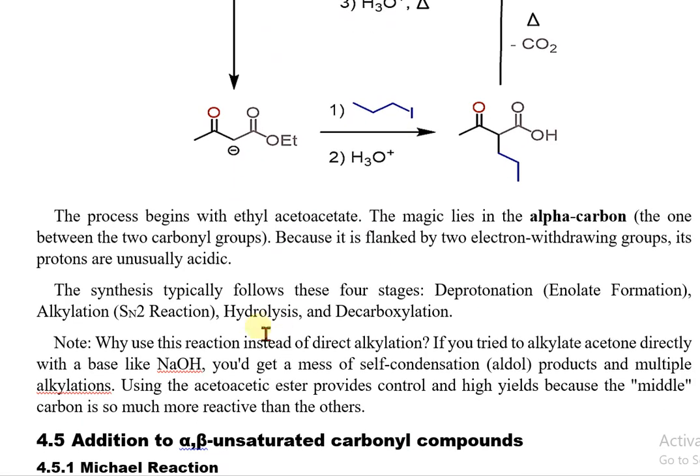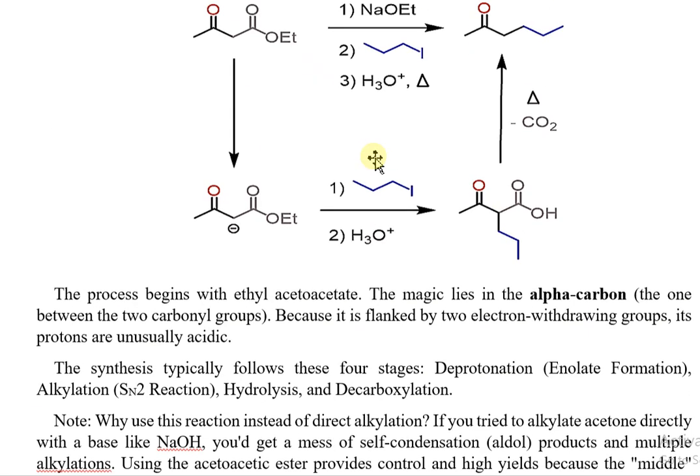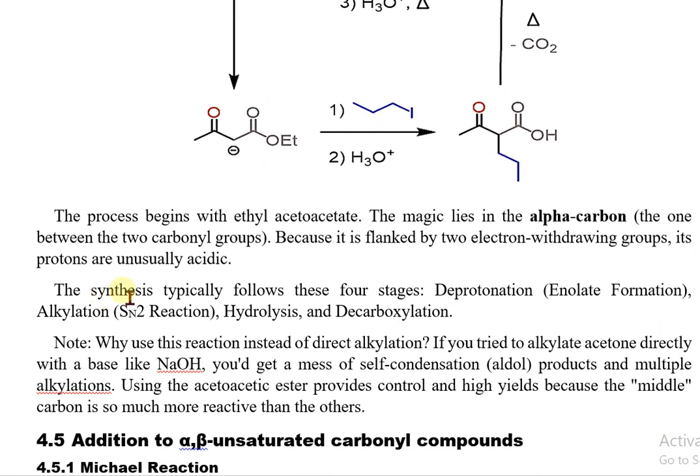So in the process with ethyl acetoacetate, the magic lies in the alpha carbon between the two carbonyl groups, because it is flanked between two electron withdrawing groups. This is acidic, meaning the proton here is an acidic proton. The synthesis typically follows four stages: deprotonation, alkylation, hydrolysis, and decarboxylation.